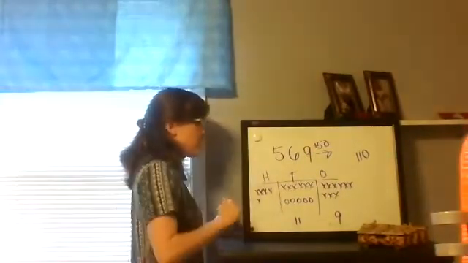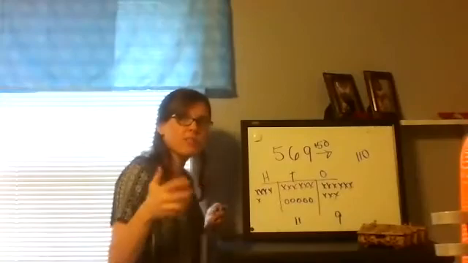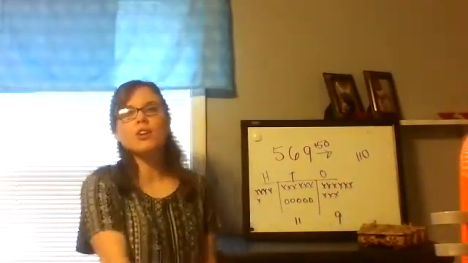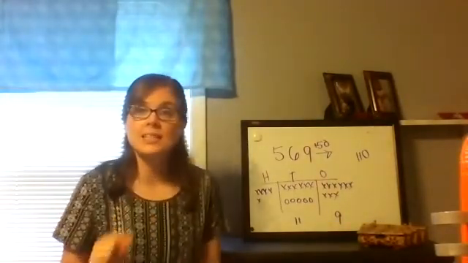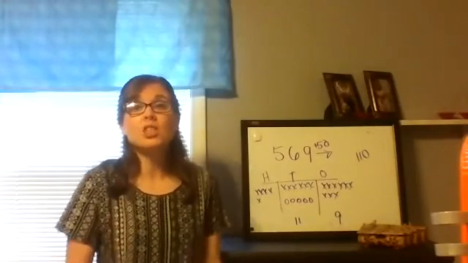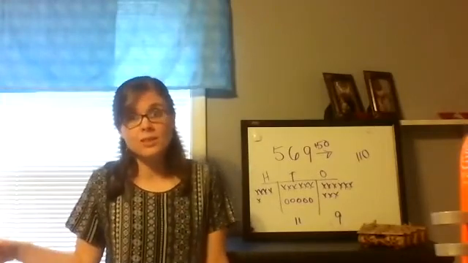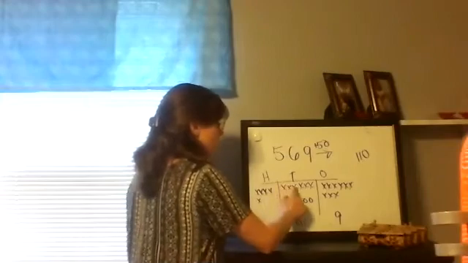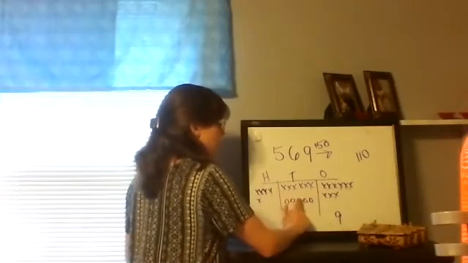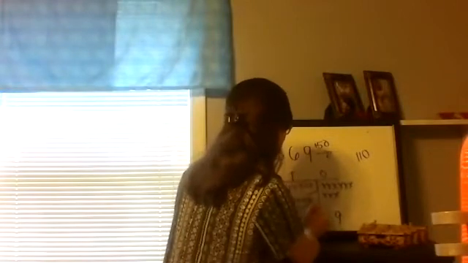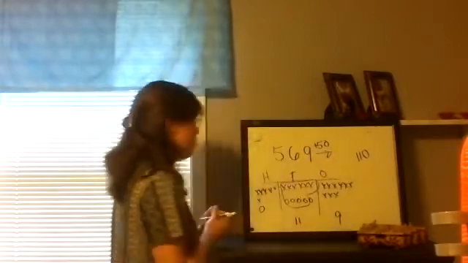Well, let's count out 10 tens, and then if we have 10 tens, they group together to form 100. 10 tens make 100, and so we need to move it to the 100 side. 1, 2, 3, 4, 5, 6, 7, 8, 9, 10. I'm going to circle these 10, and I'm going to move it to the hundreds, which adds 100 for me.